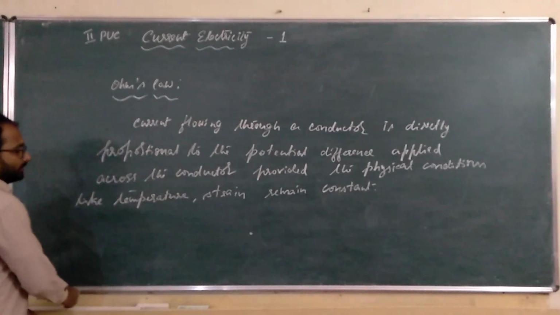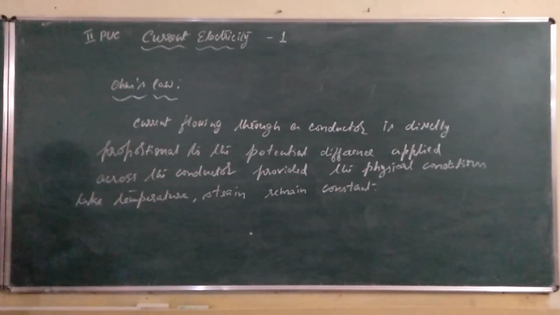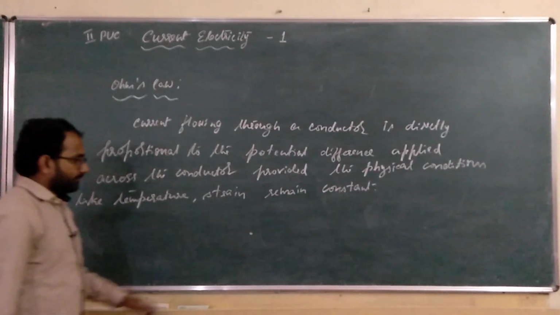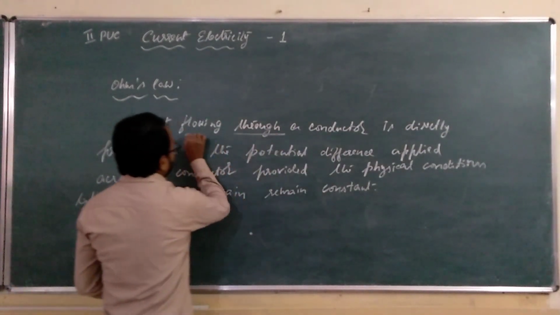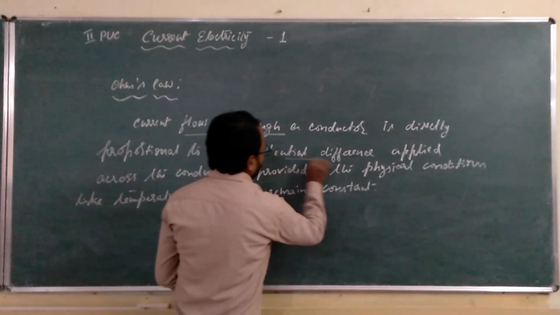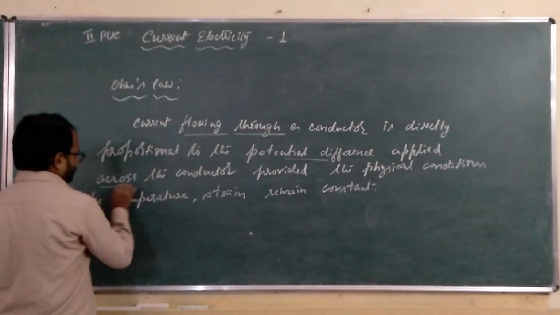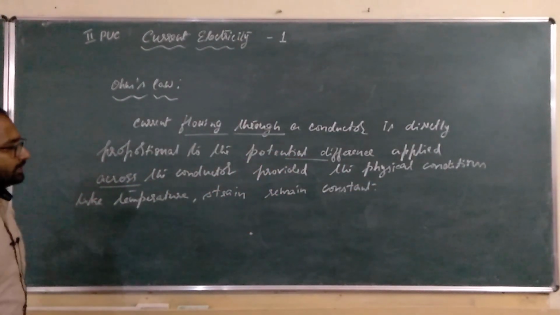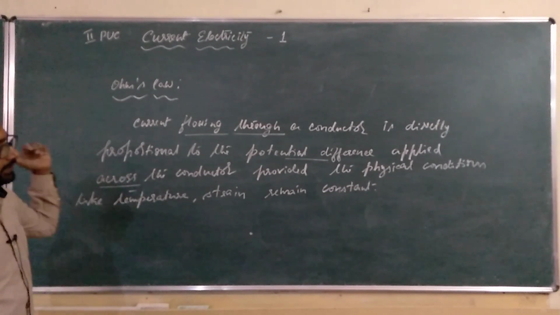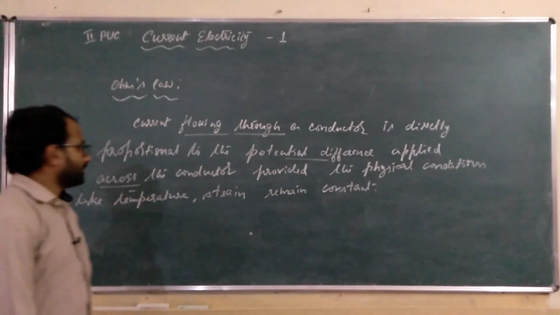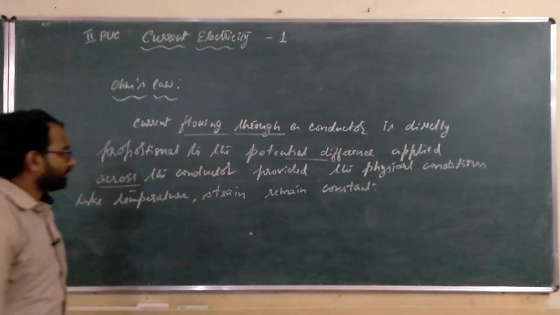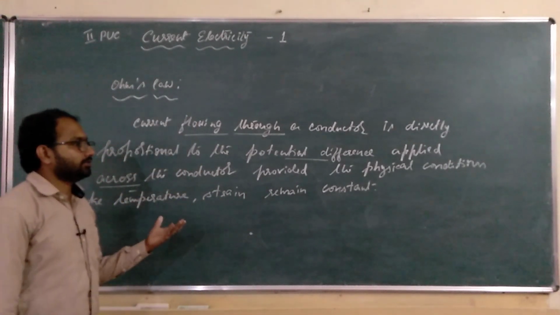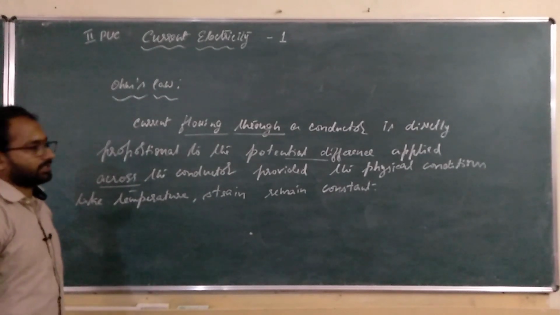So, current flowing through the conductor is directly proportional to the potential difference applied across the conductor, provided the physical conditions like temperature and strain remain constant.